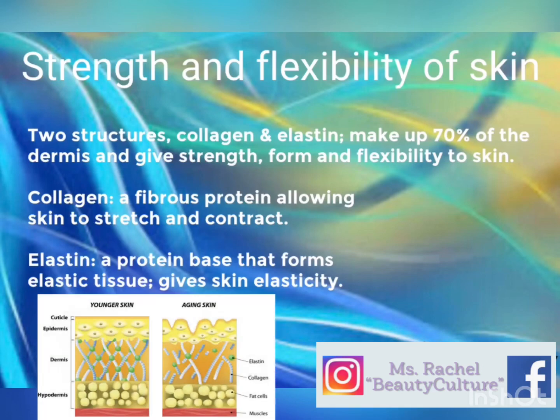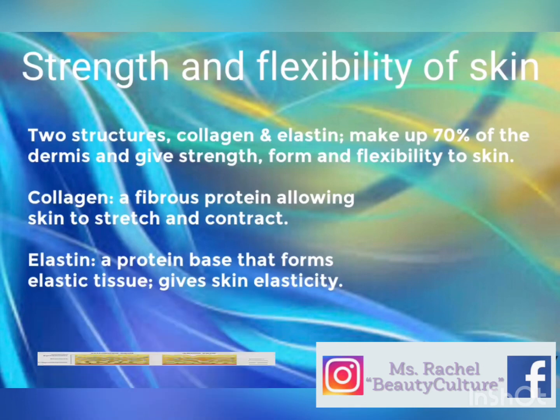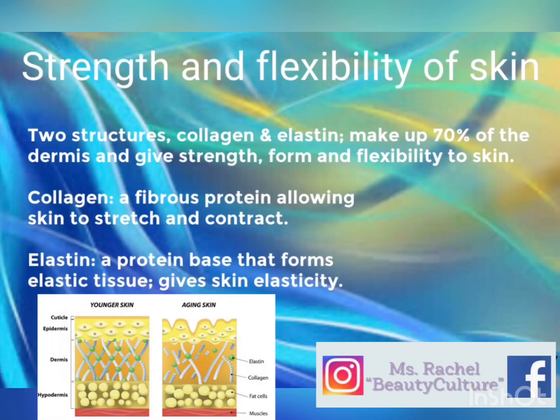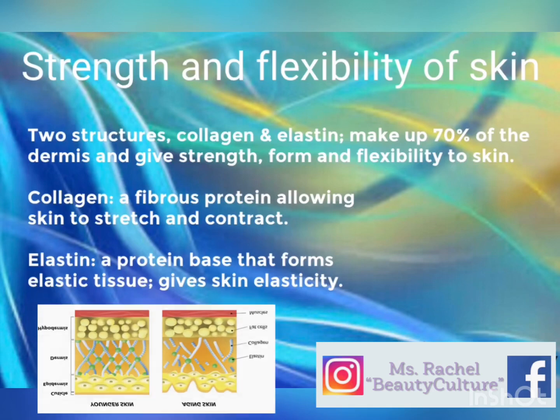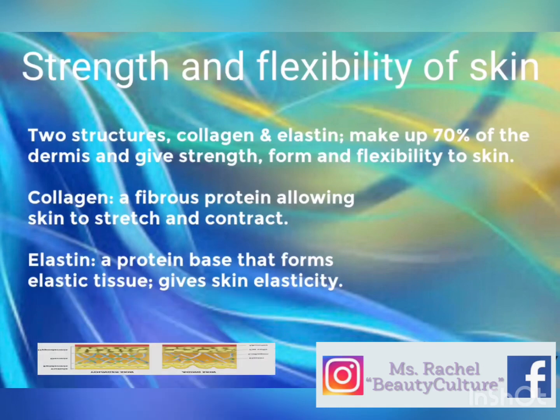If fibers become weakened, skin can lose tone and suppleness, and it can wrinkle and sag. Elastin, a protein base similar to collagen that forms elastic tissue, gives skin flexibility and elasticity, and helps skin regain its shape even after repeated stretching and expanding.